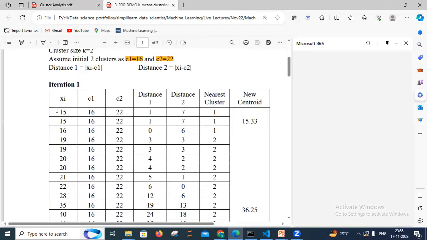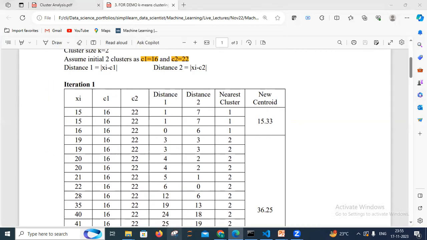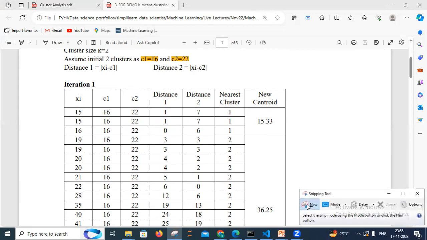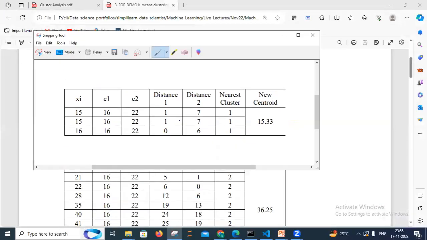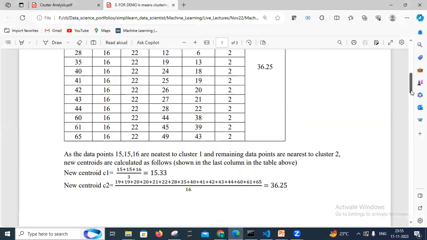Looking at this table, it is only these three data points that have the centroid 15.33, and this is the closest centroid.